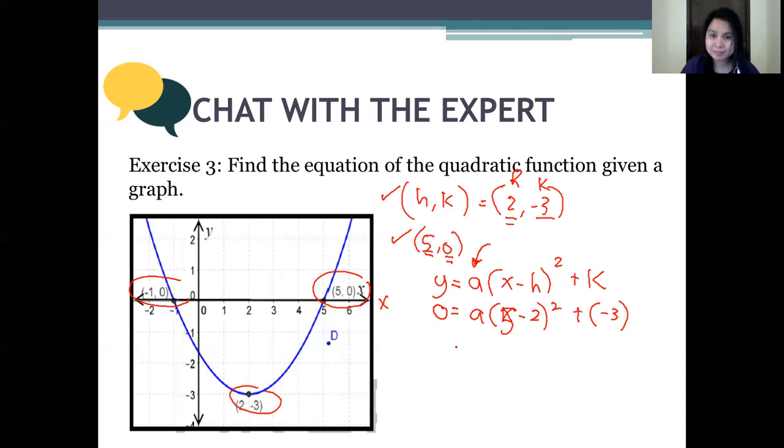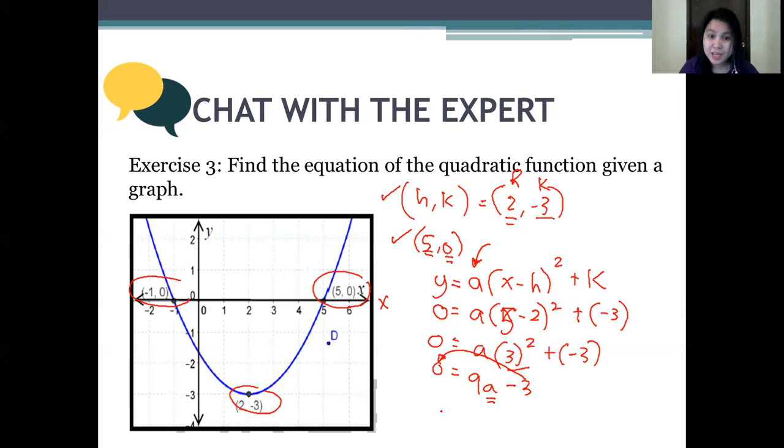The next, we have a, that's 0 on the other side. 5 minus 2 is 3 squared plus -3. So we now have 3 squared is 9, so 9a minus 3. We transpose our constant to the other side since we are looking for the value of a.